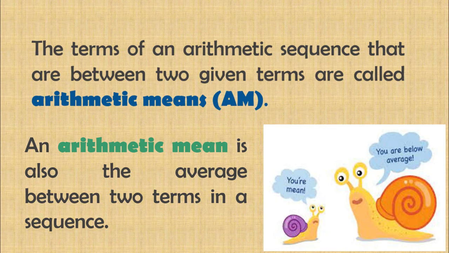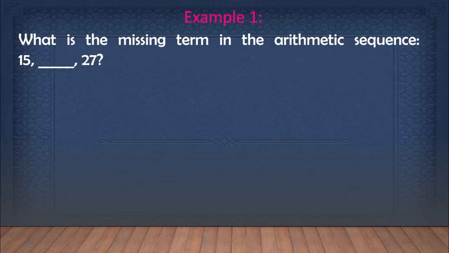Because it's mean, therefore it's an average. Now, let's have an example. What is the missing term in the arithmetic sequence 15 blank 27?